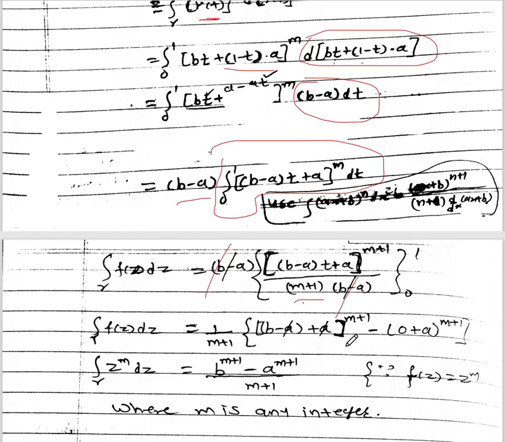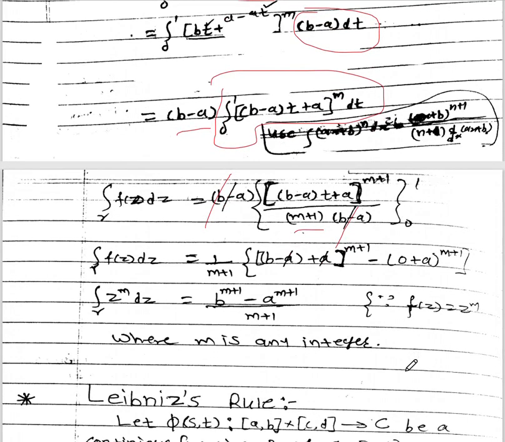Okay, to the power m plus 1, minus the lower limit. Where t is 0, we replace the upper limit and lower limit: 0 plus a, to the power m plus 1. Okay, so here minus a plus a get cancelled, only b to the power m plus 1 remains, and here only minus a to the power m plus 1 remains. So this can be written as b to the power m plus 1 minus a to the power m plus 1, divided by m plus 1.